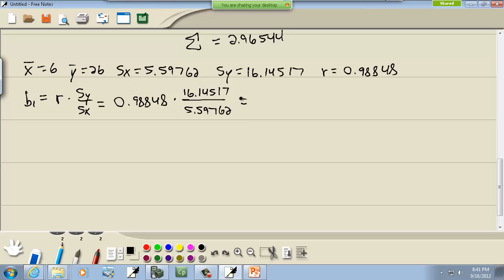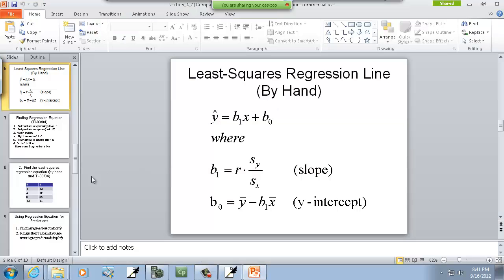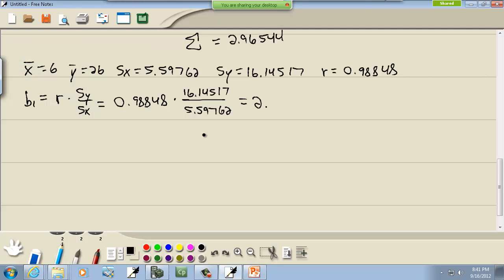So let me type that in my calculator here. 0.98848 times 16.14517 divided by 5.59762. And I don't know how many decimal places. 2 maybe? I don't think I put that in instructions here. Yeah, I don't say how many. So let me take it to 2 decimal places. 2.85.